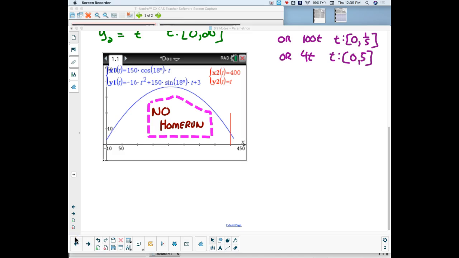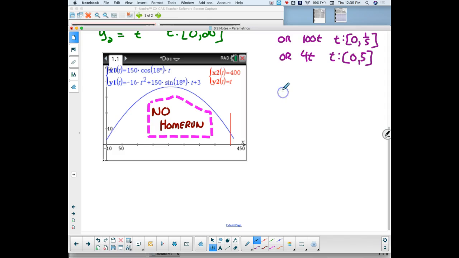So if I want to figure out how high the ball goes, I can do that one of two ways.